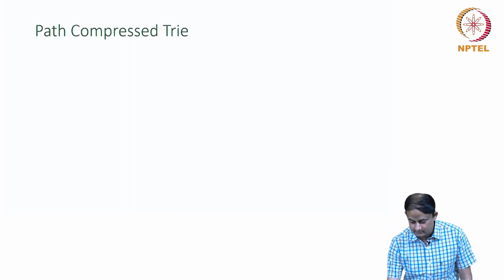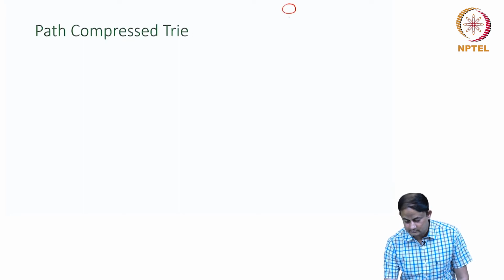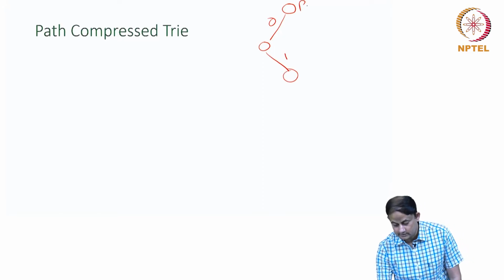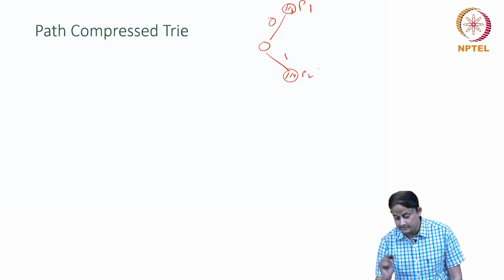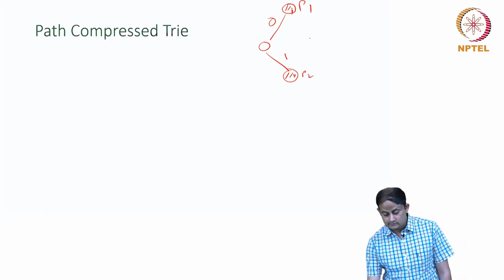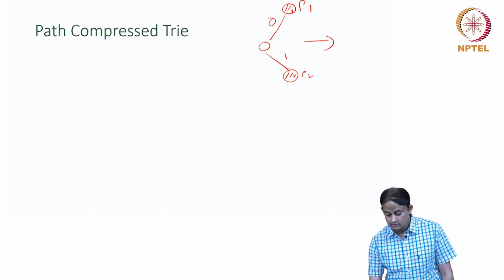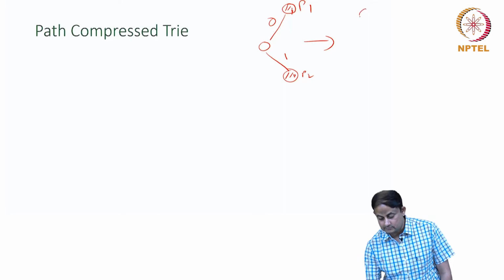So, here is a simple example. I start at the node here, 0 followed by a 1, and this is my P1 and this is my P2. This trie has a height of 2. I want to convert this into this format.